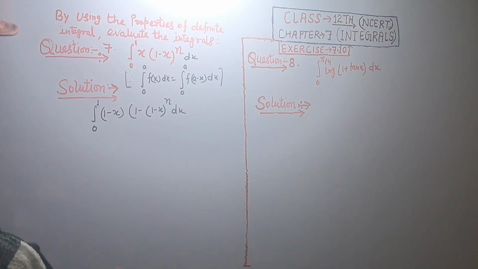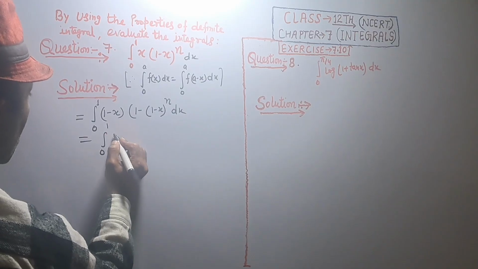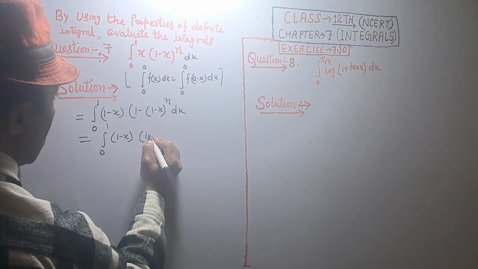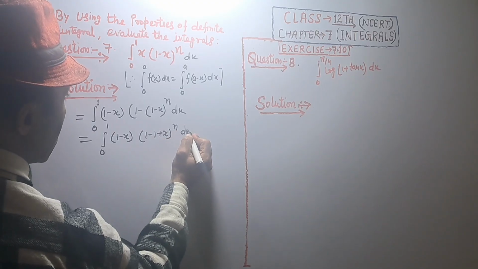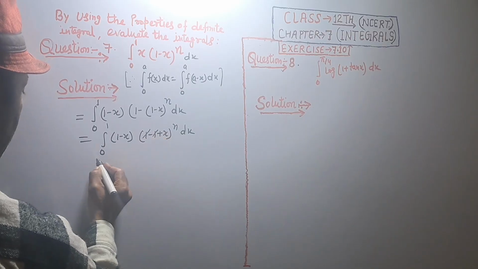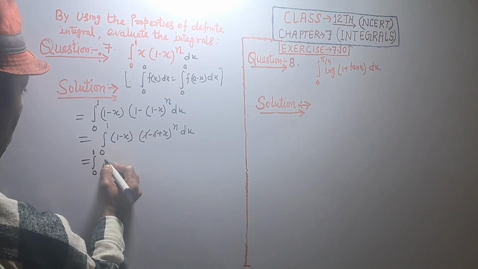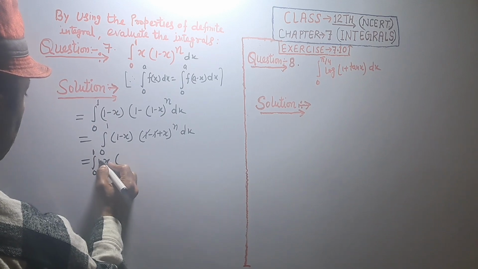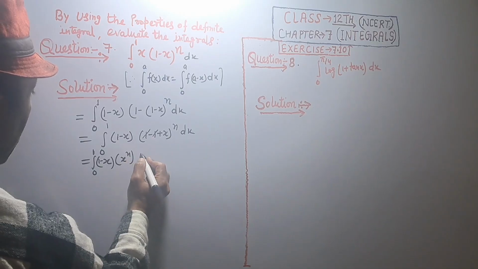This formula gives: integral 0 to 1 of (1 minus x) in bracket, and (1 minus 1 plus x) raised to power n dx. Then 1 is cancelled and we get integration of 0 to 1 of x into (1 minus x) into x raised to power n dx.